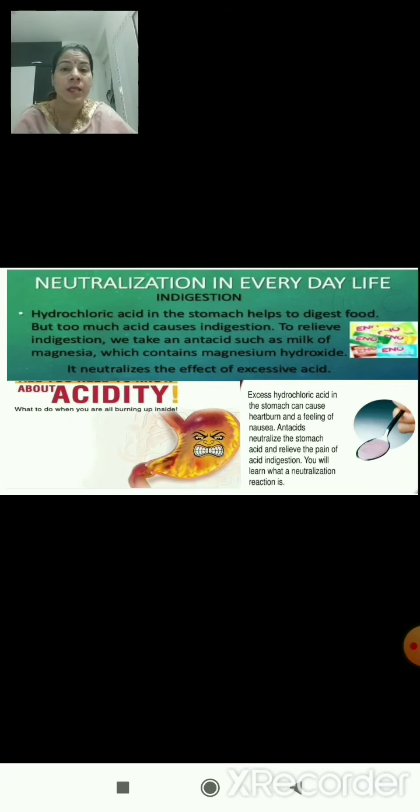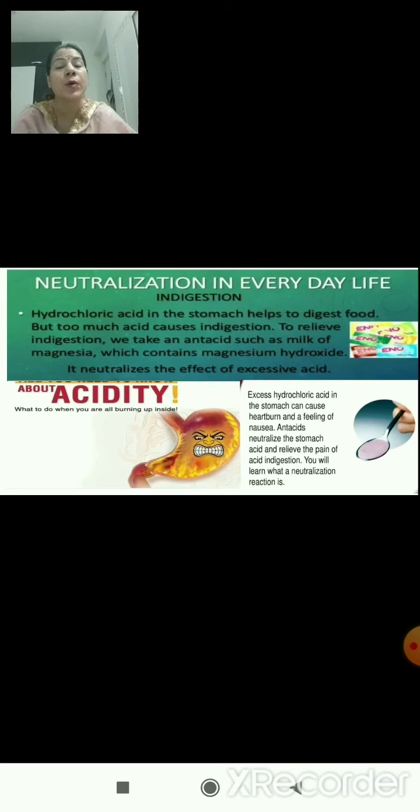The doctor will prescribe you an antacid. So what is there in that antacid? That antacid contains bases which neutralize the acid which is produced in your body, and as a result of this neutralization reaction, after consuming that antacid tablet, you don't get the problem of acidity.